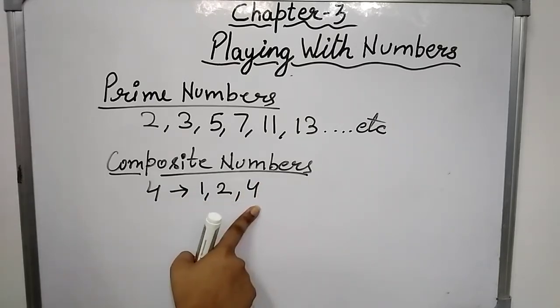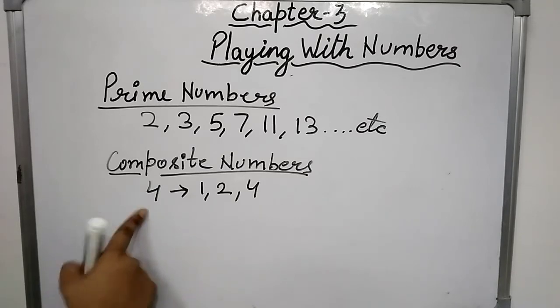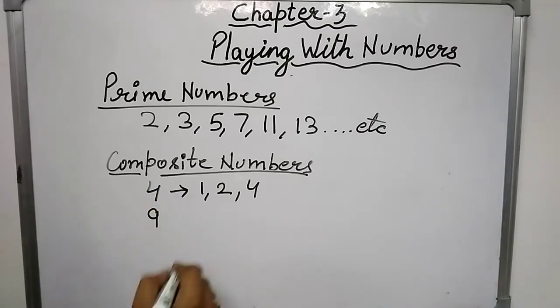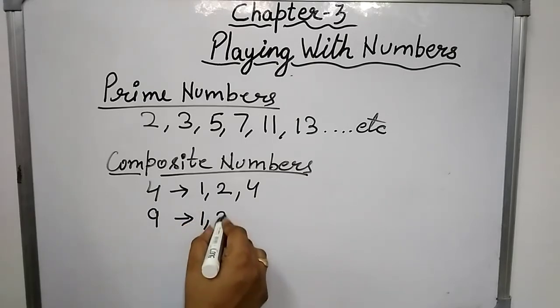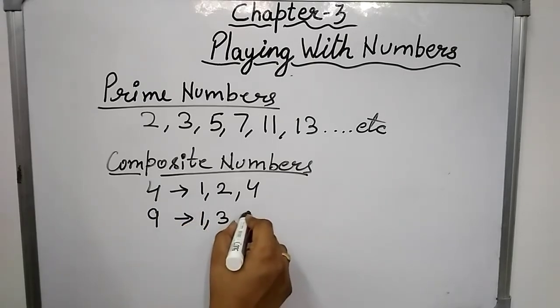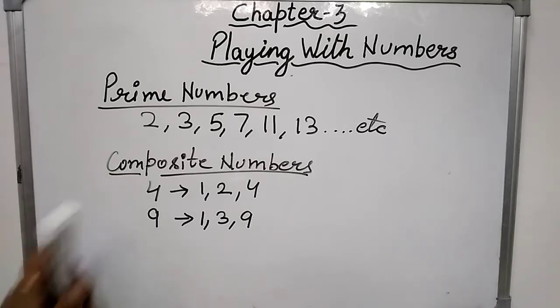So there are three factors for number 4, and this is a composite number. For number 9, the factors are 1, 3, 9. Again, 9 has three factors. So any number having more than two factors is called a composite number.